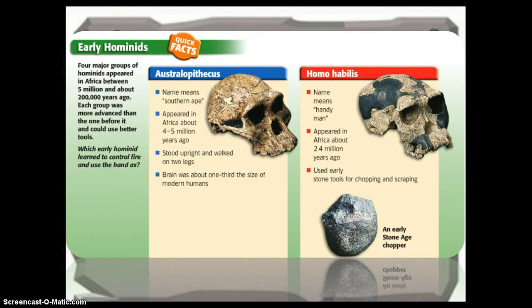A little bit more about that you can find in your textbook on page 30 and page 31. There's a lot of text in this textbook about these people, but in these pictures they're nicely summarized. 4 major groups of hominids appeared in Africa between 5 million and 200,000 years ago. Each group was more advanced than the one before, so you can actually see the evolution very well.